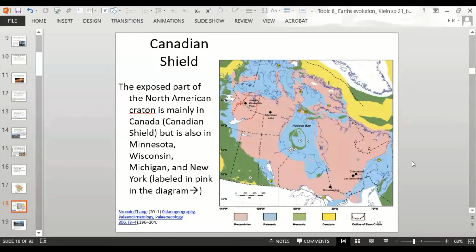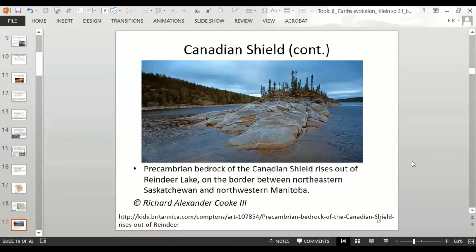That's mainly the Adirondack Mountains in New York State. And this is what Precambrian bedrock would look like. This is one example in Canada, part of the Canadian Shield.